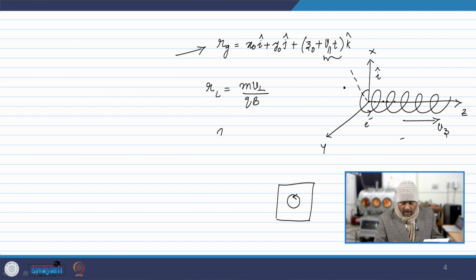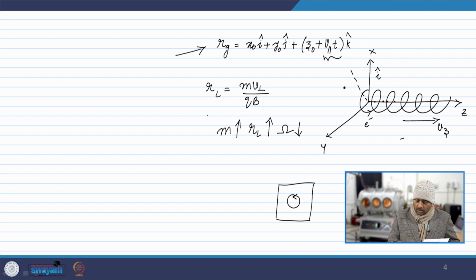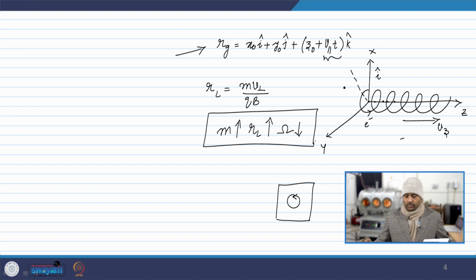So, as the mass of the particle increases, RL will increase. How about omega? Omega is qB by m, so omega will decrease. This is a beautiful relation which takes care of many things in plasma physics. We will explore this at multiple stages in our discussions. So, the mass is inversely proportional to the frequency, but directly proportional to the radius.